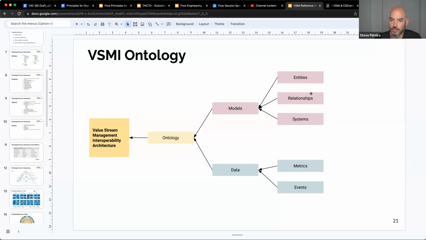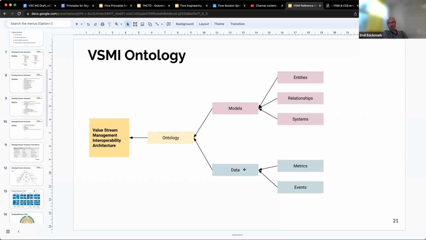But primarily, relationships are between entities and systems, because it has this primary job of relating what is connected to what, and then the data is really what's happening. So models pertain to what matters, how we are representing the overall system of work, and data is what is happening within that system.